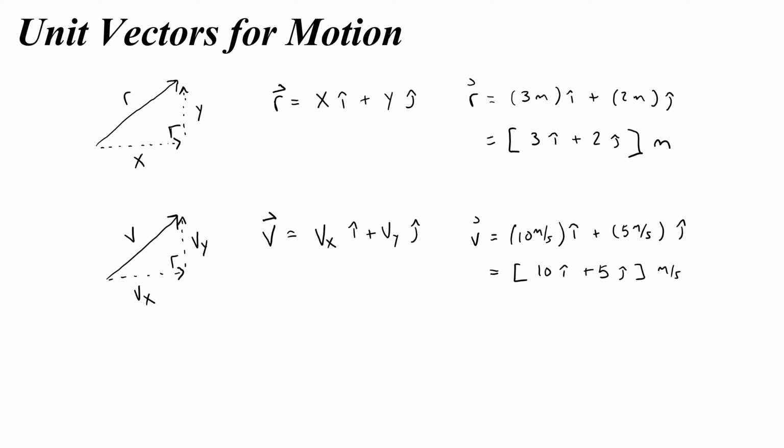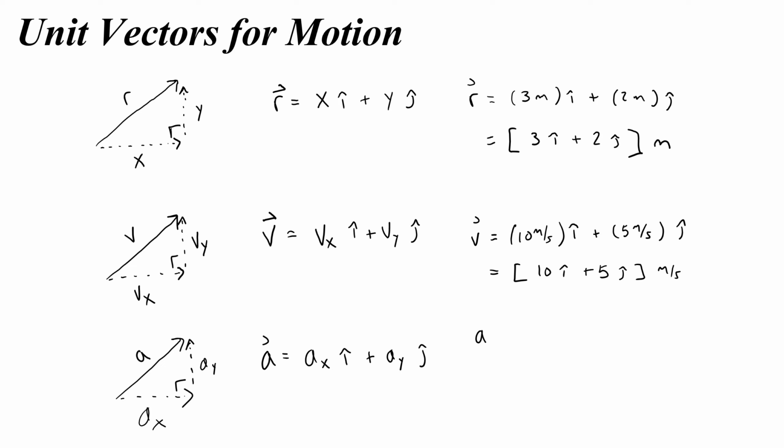Now, if we've got position and we've got velocity, then we're also going to have acceleration. And acceleration will have the letter a for magnitude, then ax for the x component, and ay for the y component. Hopefully you see this pattern emerging. And for the a vector, the acceleration, we would say the x component of the acceleration times i plus the y component of the acceleration times j.